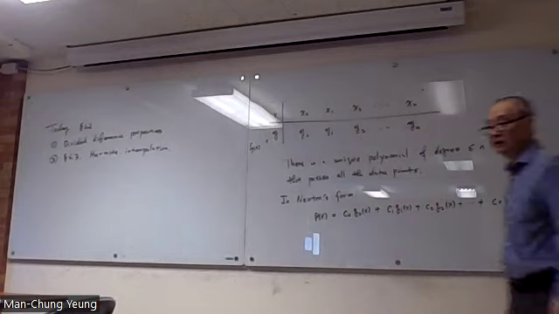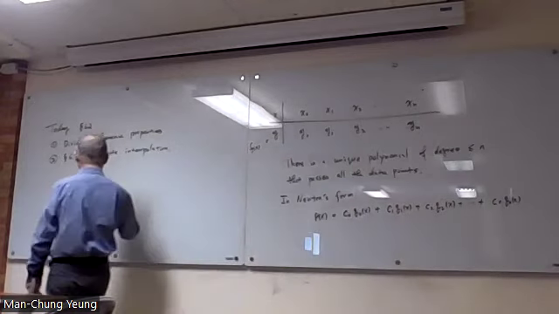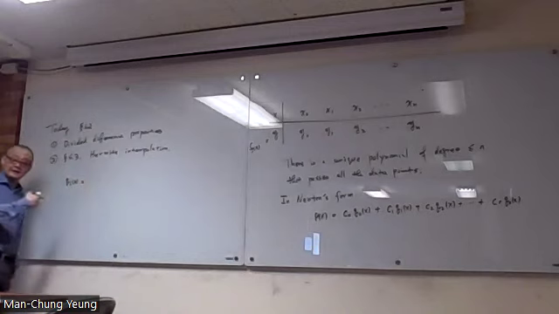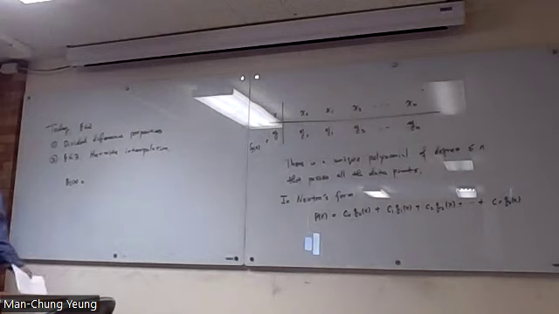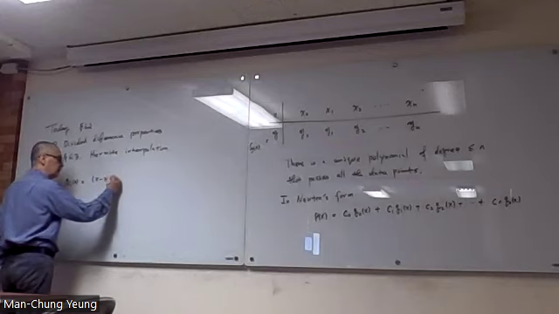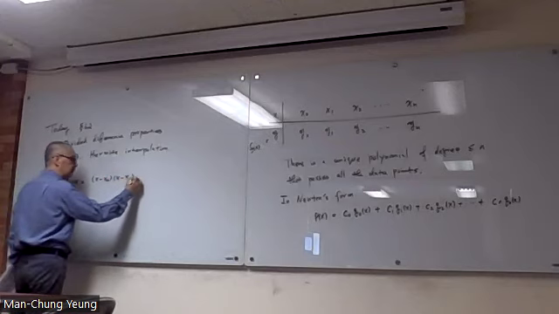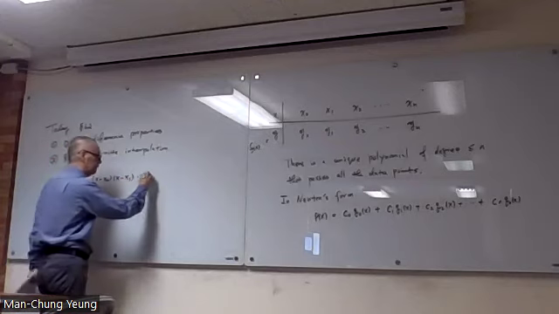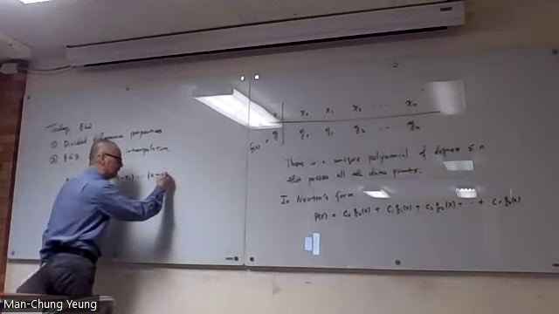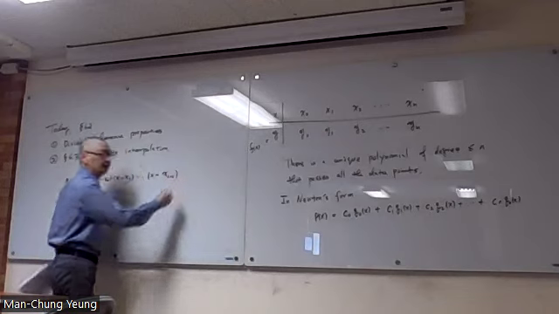What is Q? The definition is Qi, a special polynomial of degree i. How special? Qi is x minus x0, x minus x1, times up to x minus x_{i-1}, not x_i.